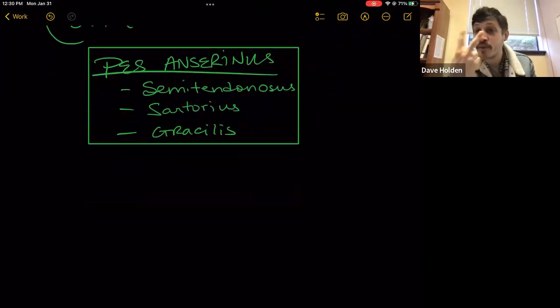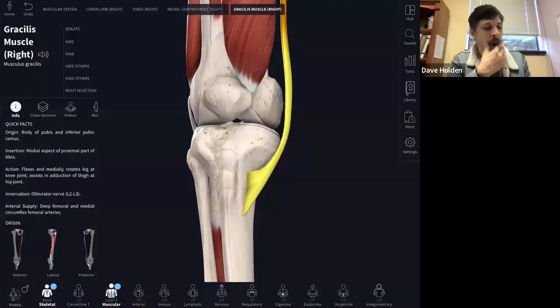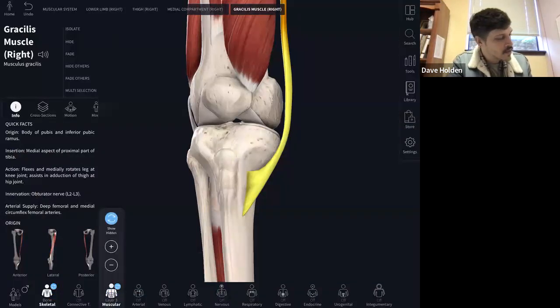So just wanting to bring your attention, make sure that that's somewhere in your notes, that we know off the top of our heads all three muscles that insert at pes anserinus. So let's go one deeper.